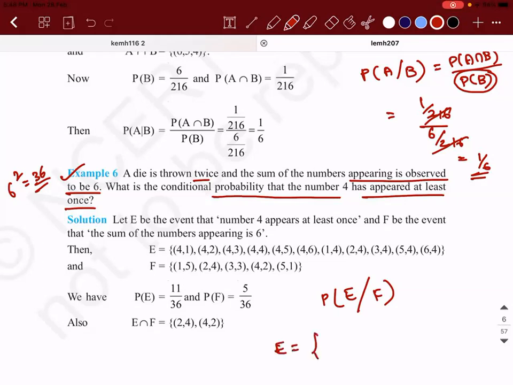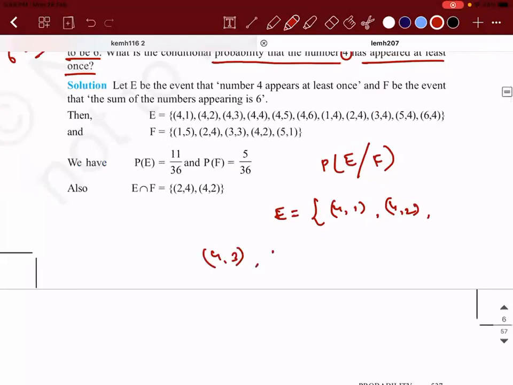So event E will be how much? Number 4 has appeared at least once. So 4,1; 4,2; 4,3; 4,4; 4,5.